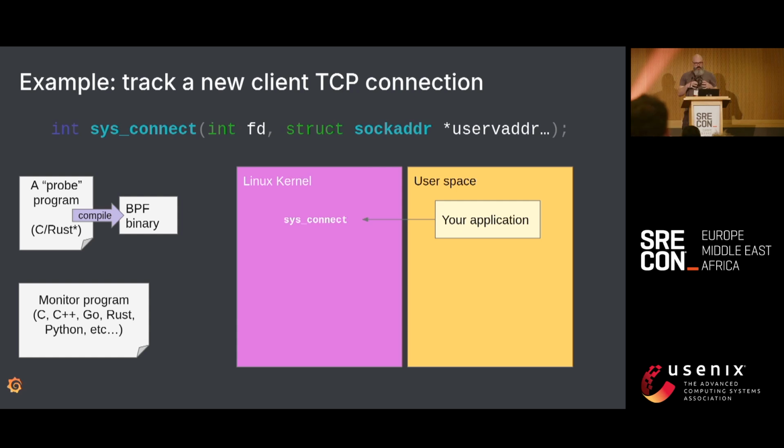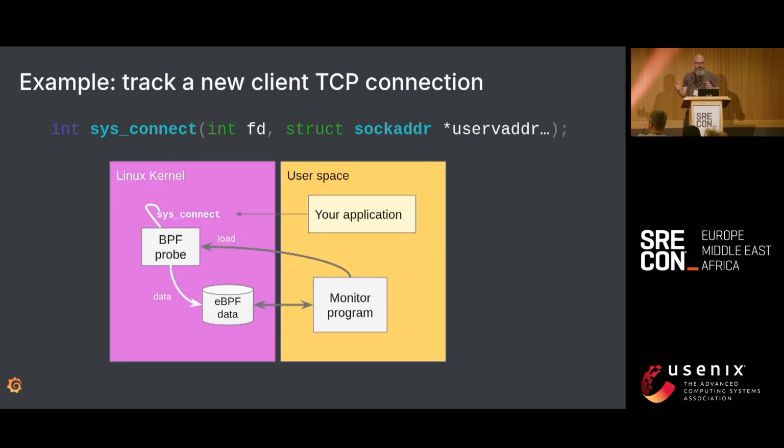And what we're going to do is compile this probe, and we're going to have a binary. The monitor program loads the probe from the compiled binary, and an app in the user space executes the sysconnect function, and this is going to trigger the probe.